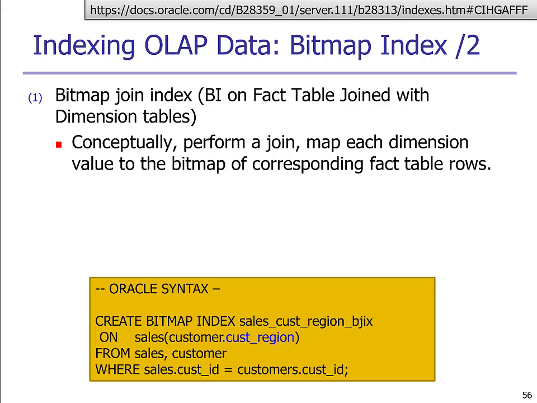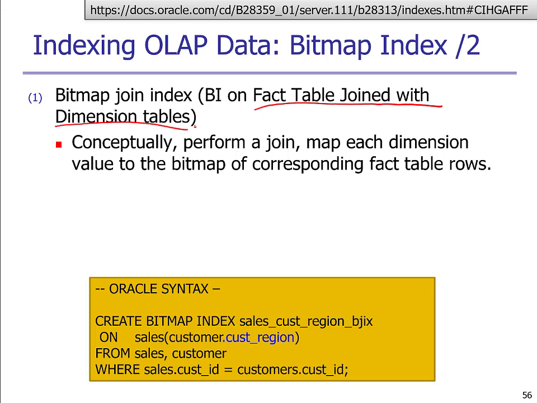So this is called a bitmap join index, where it refers to the bitmap index on the fact table joined with dimension tables. We build a bitmap index on the fact table joined with dimension tables.